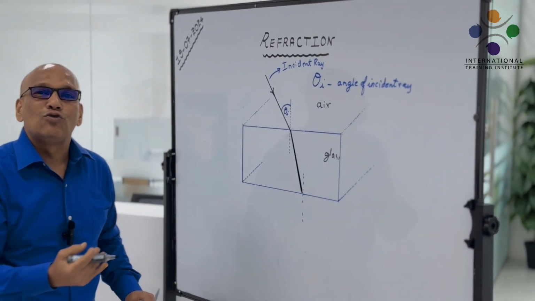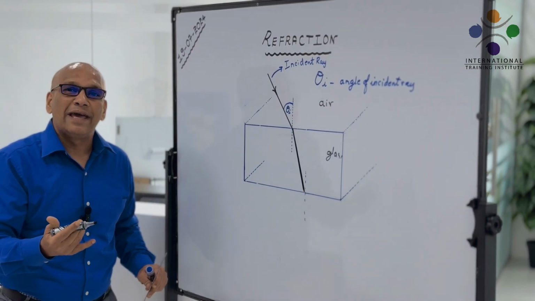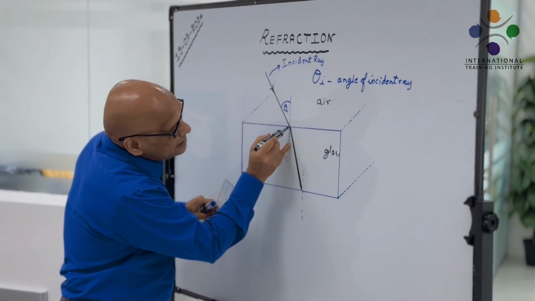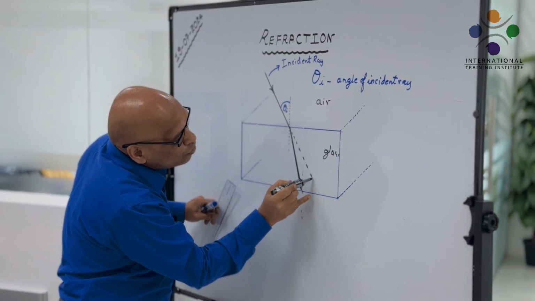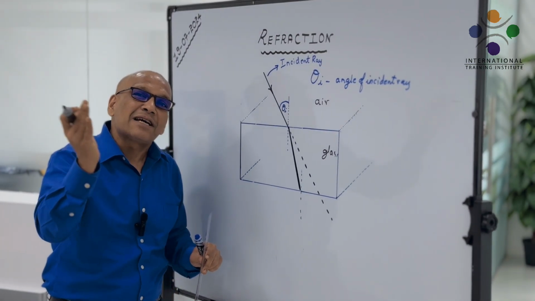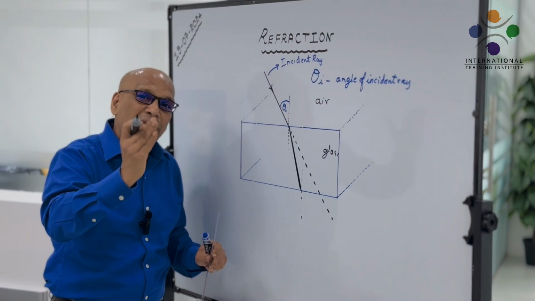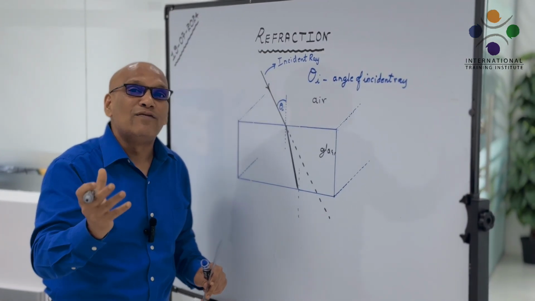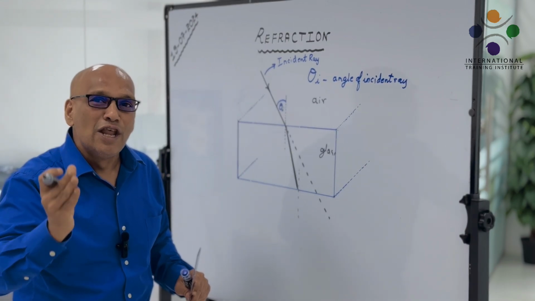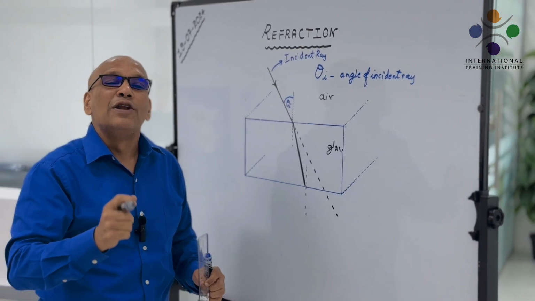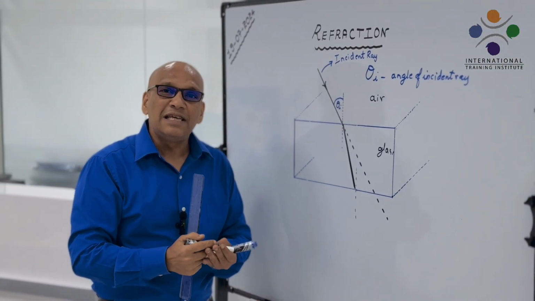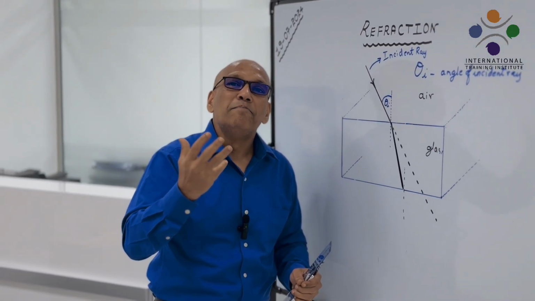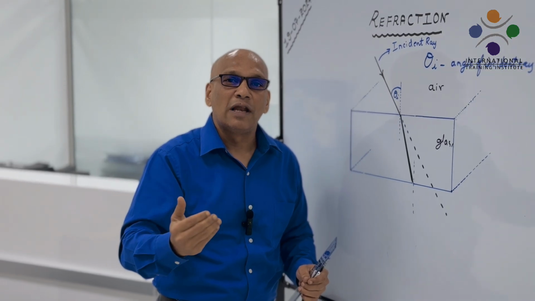This is referred to as refraction, where you can see a light ray will not travel exactly straight through the glass. There is a shift in the direction, in the speed, as well as in its wavelength. This phenomenon is referred to as refraction, when a light ray passes from one medium such as air to glass.